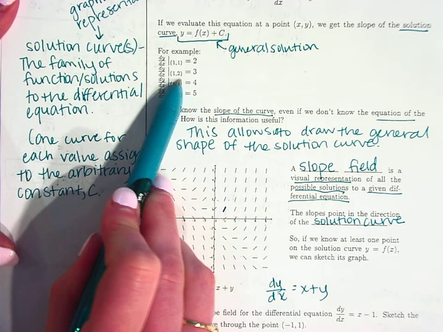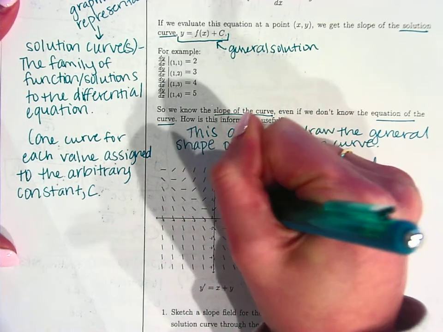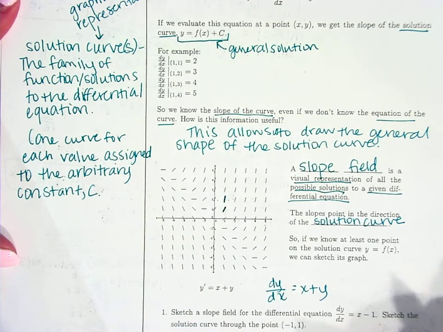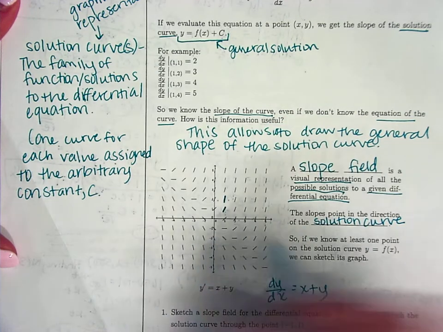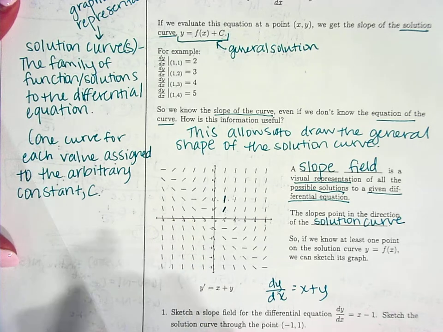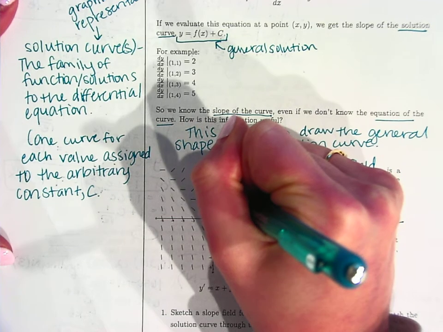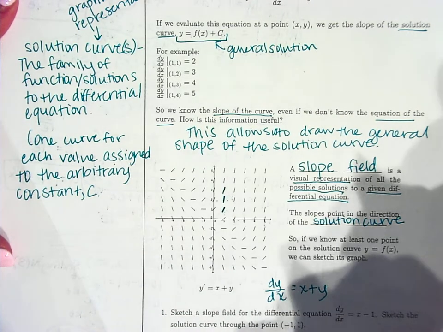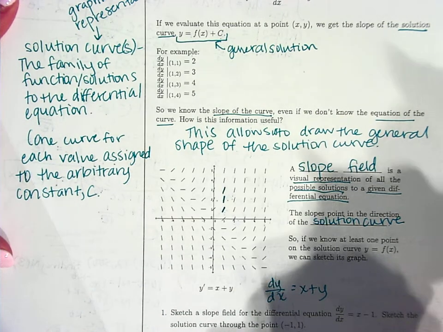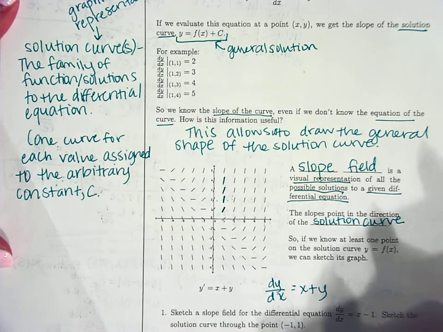At the point 1, 2, the slope is 3. Notice how it's a little more steep than the previous one. The slope here was 2 and the slope here was 3, so it's getting a little more steep in the positive direction. 1, 3, it's even a little steeper because the slope is 4, and at 1, 4, the slope is 5, so it's even a little steeper.